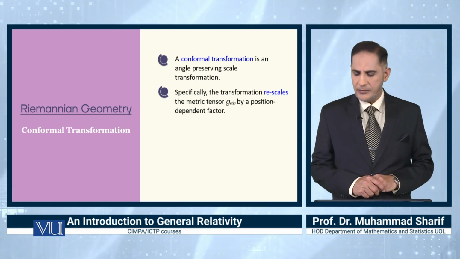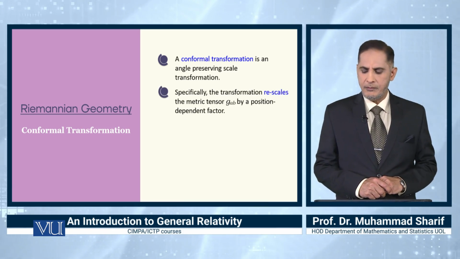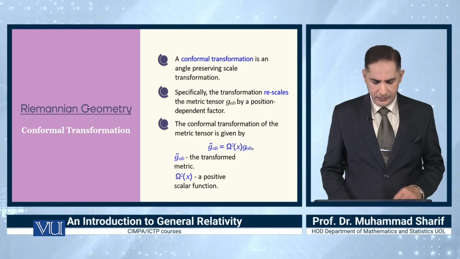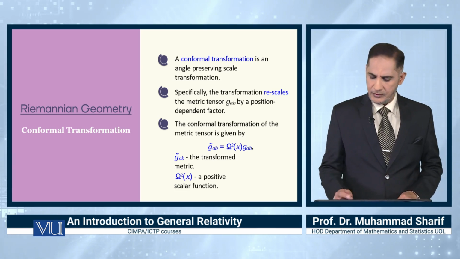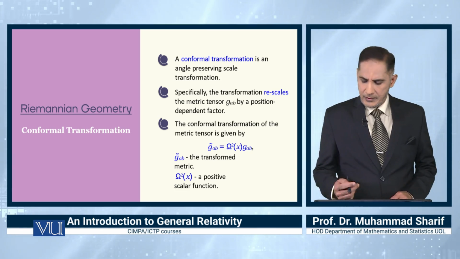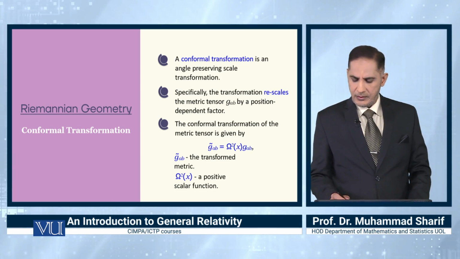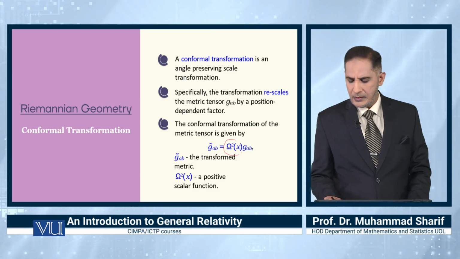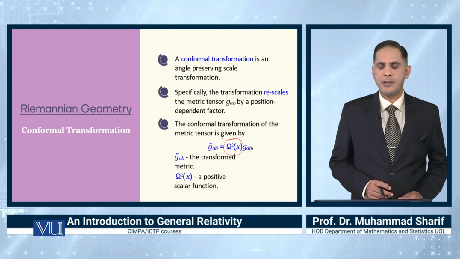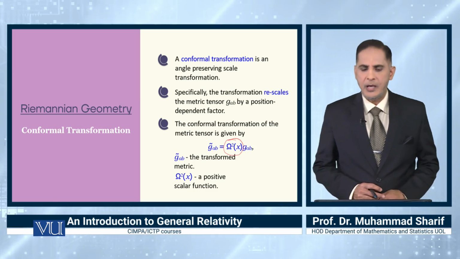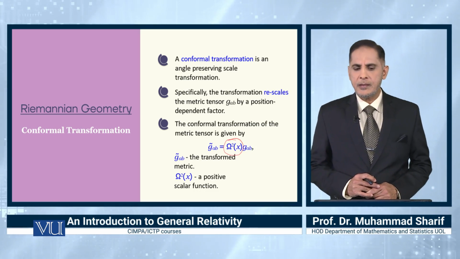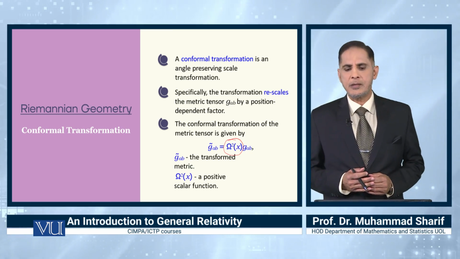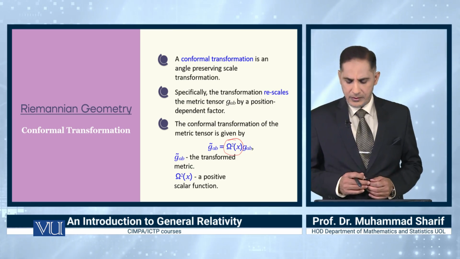In particular, this transformation rescales the metric tensor by a position dependent factor. So you can see from this definition that in this transformation the new G_AB will be like this. So this is the new ingredient which comes in the metric transformations. G_AB tilde is the transformed metric, while omega square is some position dependent scalar function, a positive function.